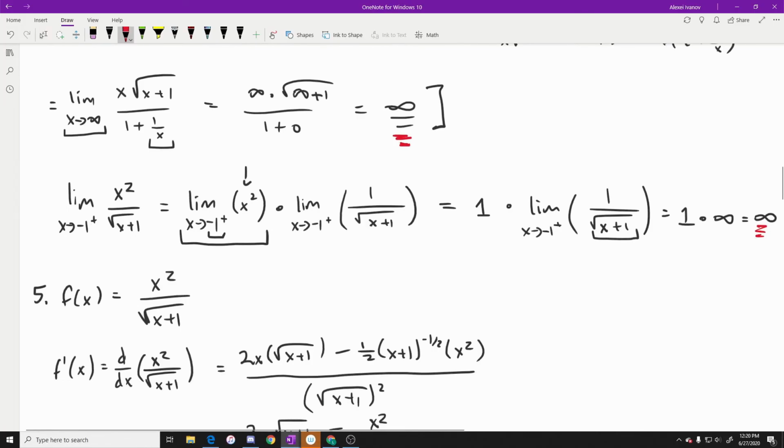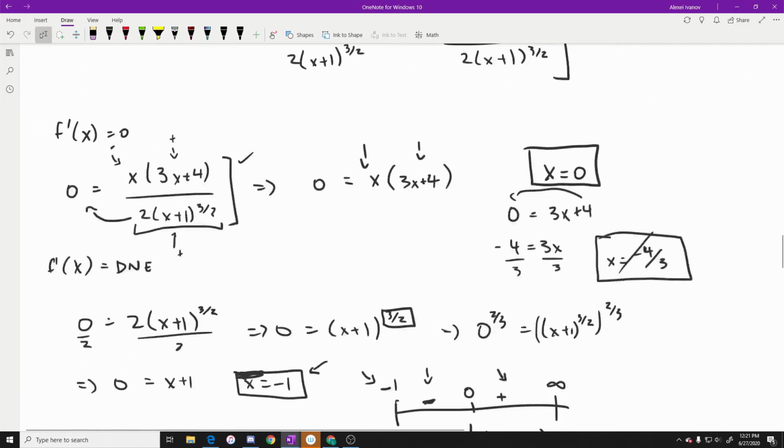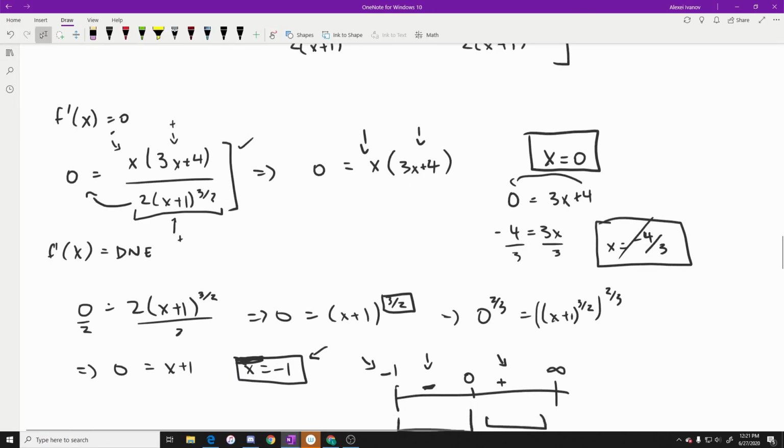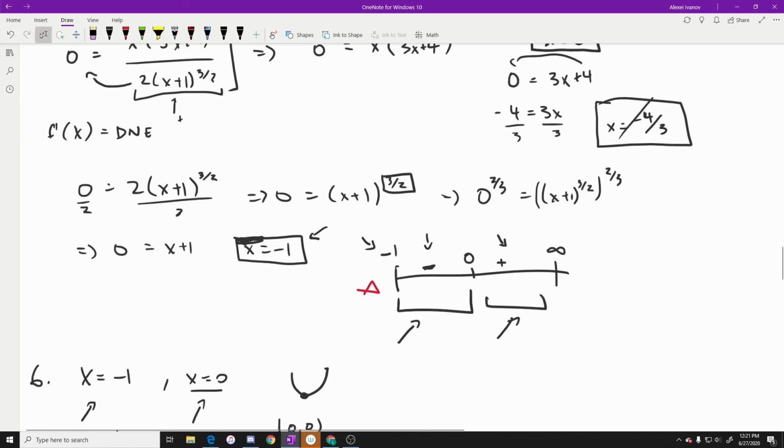Now for step number 5, we have figured out the intervals of increase and decrease as well as some critical values. So looking over here, we know that on -1 to 0, this interval right here, we are decreasing, meaning our function is going downwards. And from 0 to infinity, which is this interval right here, we are going upwards, so we're increasing.